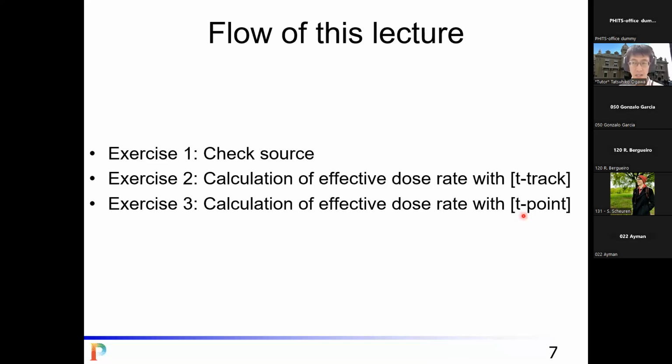There are equivalent functions in MCNP, PHITS, and other Monte Carlo codes. It's one of the tally functions with which you can get a flux with a very high time efficiency. We will be going through these 3 steps to calculate the dose rate. And finally, we compare the calculated dose.